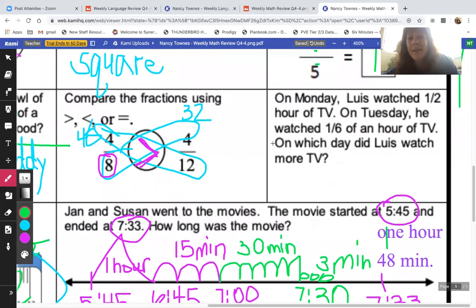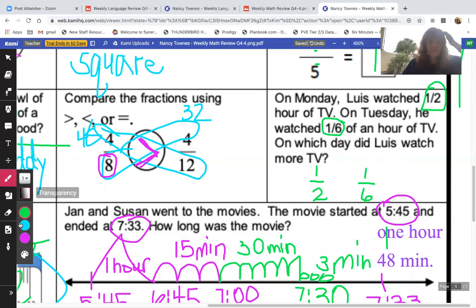All right, next one. On Monday, Luis watched half an hour of TV. On Tuesday, he watched 1/6 of an hour of TV. On which day did Luis watch more? So one day he watched a half an hour, and on another day he watched 1/6 of an hour.